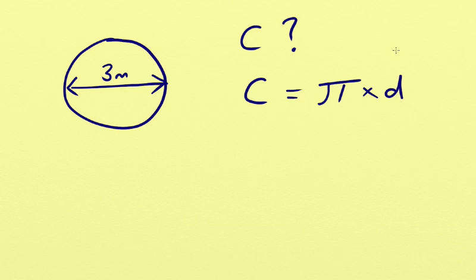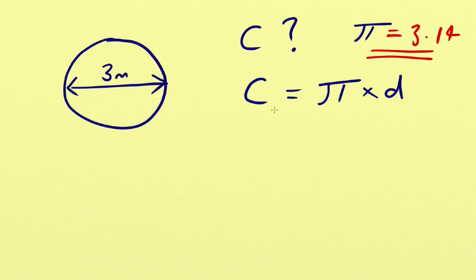Now we know that pi is always 3.14. It's always 3.14. It's just a number, which is where most people get confused. They see pi as something really confusing, something variable that changes, and they don't understand what it is. It's just a number. It's 3.14.